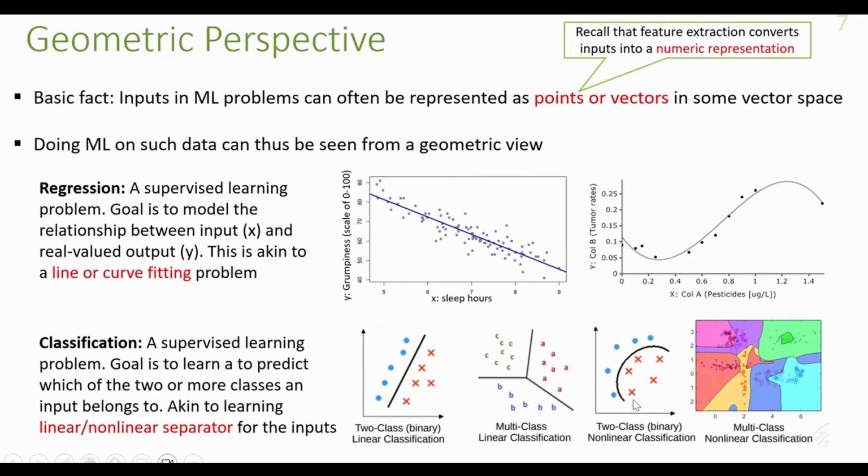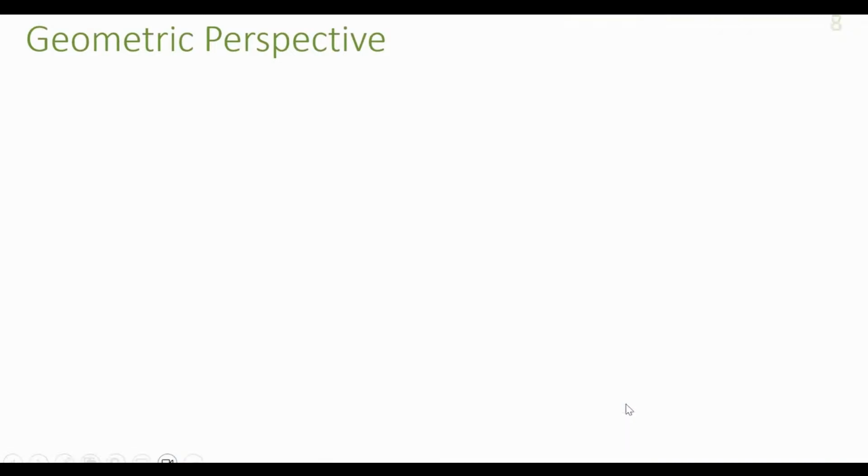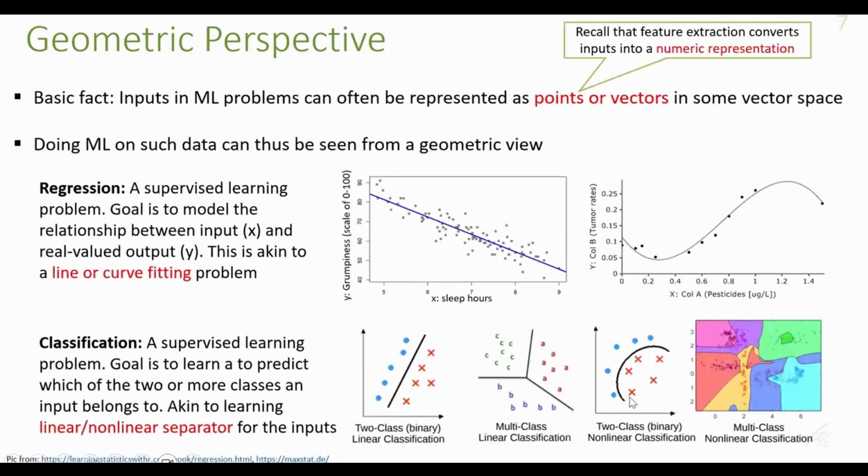Here again, we are solving a classification problem, but here we are learning a non-linear separator. So in these two cases, we are learning a linear separator. Here we are learning a non-linear separator to solve the binary classification problem, where we only have two classes. And in this case, we have multiple classes where color represents the class. Since we have several colors, yes.